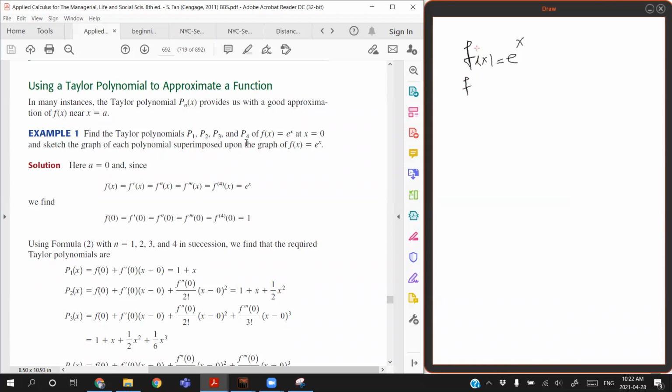So the original function, I can write as f0 of x. Then f1 of x, which is the first derivative, is also e to the power of x. The second derivative of the function is also going to be e to the power of x. And generally, I can see that for this function, f^(k) of x is going to be e to the power of x. So all the derivatives are the same. They're all e to the power of x.